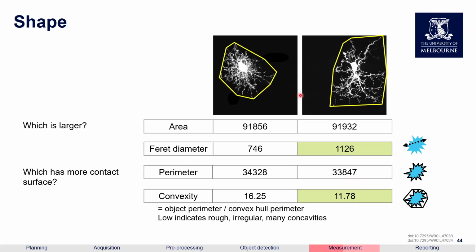You can see the convex hull for these cells as the yellow line here. If we measure the ratio of its own perimeter to its convex hull perimeter, then we can measure more complex shape parameters. In this case, the right cell has a lower convexity value, which indicates it is more irregular and rough in shape.